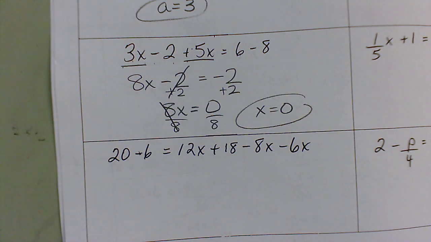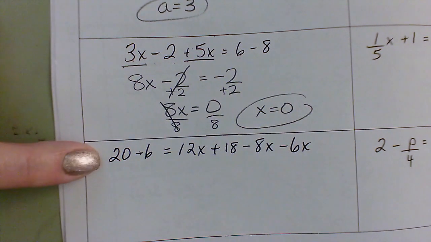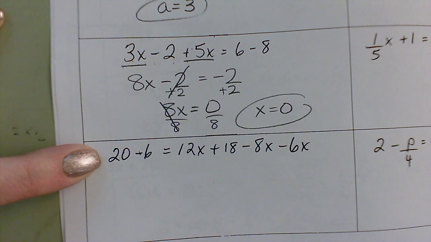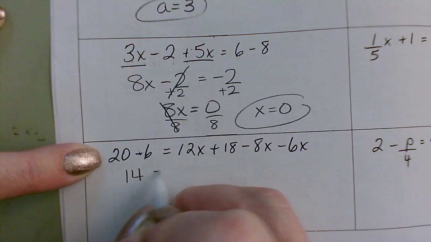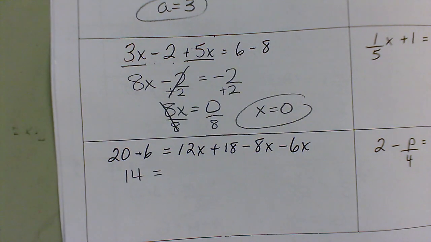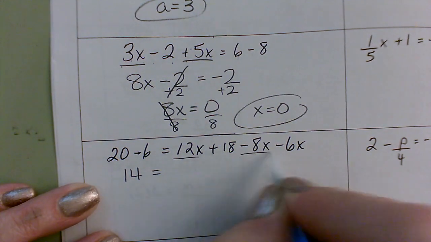All right, left-hand side. Can I do anything, clean up the left-hand side before starting? Yeah, I can. I can go 20 minus 6 and get that 14. Then I look at my right-hand side, see if I can clean up anything before I start moving things around. Oh, I've got a bunch of x's. Well, I might as well put them together.